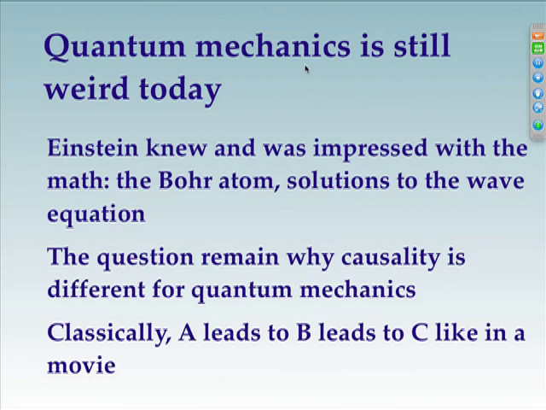But Einstein thought a lot about causality. Why did this happen? How could this have happened? And that's, I think, the pea under his stack of mattresses: what is different about causality for quantum mechanics than classical. I mean, classically, A happens, then B happens, and C happens. Okay.